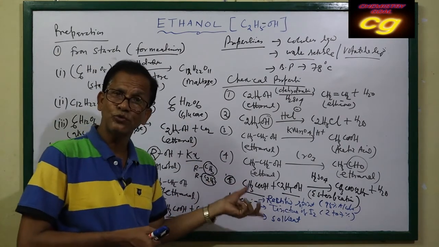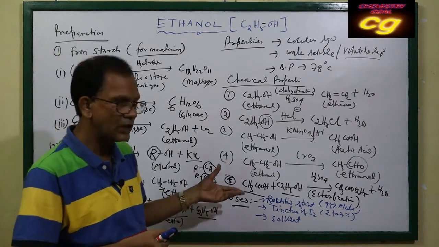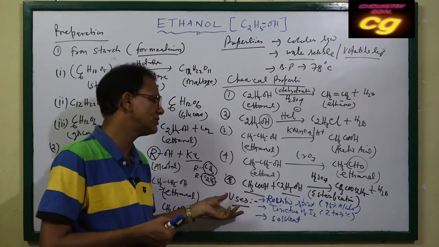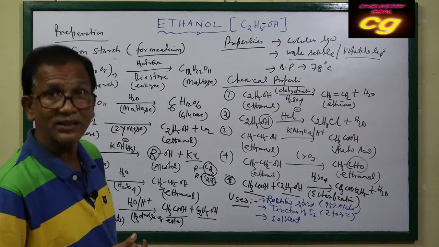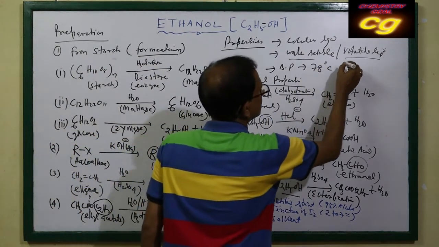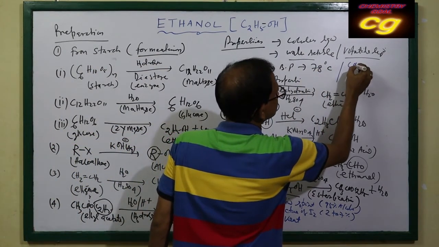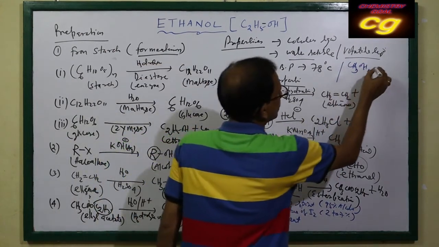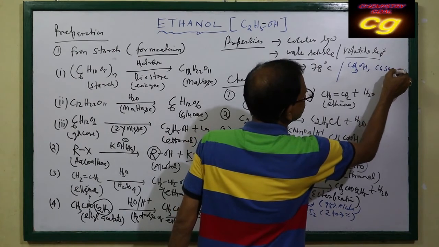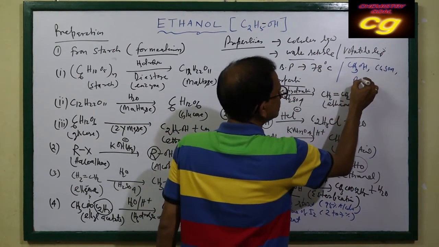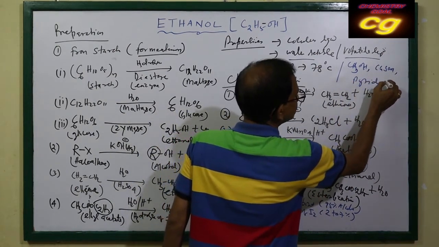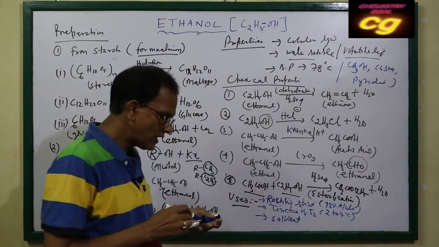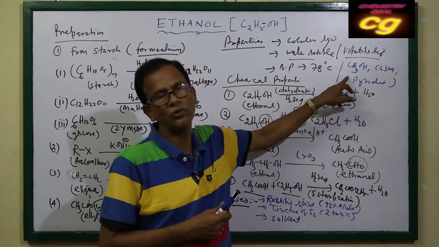Generally, ethanol can be made poisonous. Poison-like substances, methanol or copper sulfate or pyridine, when added to ethanol, make the alcohol denatured.